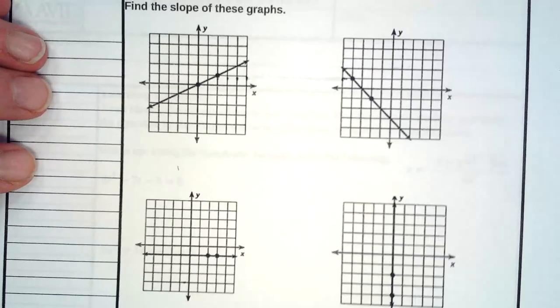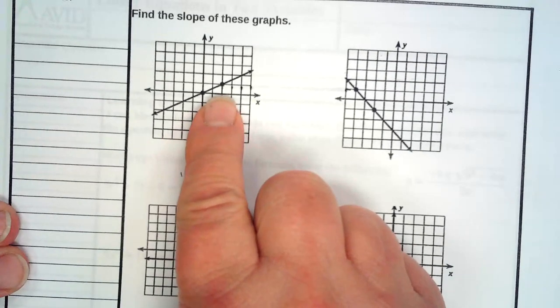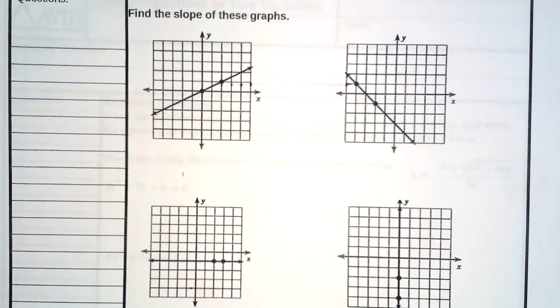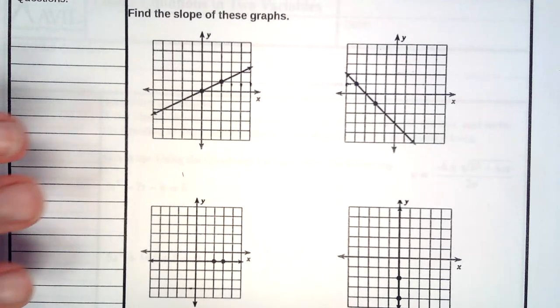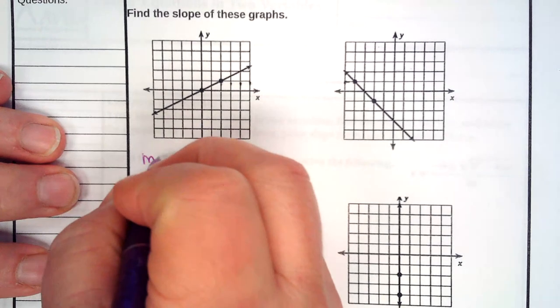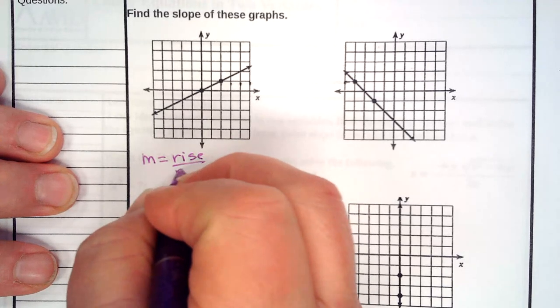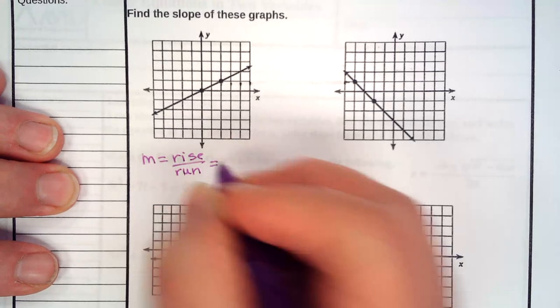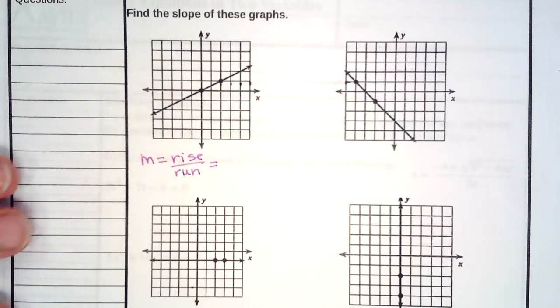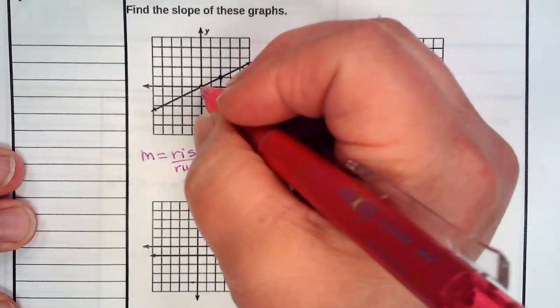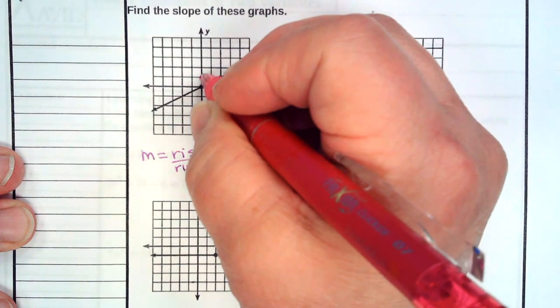So if I'm looking at this graph, it's got 2 points identified for me. I know that my slope is equal to the rise divided by the run. So I'm going to count how many boxes I go up. I simply go up 1 box.